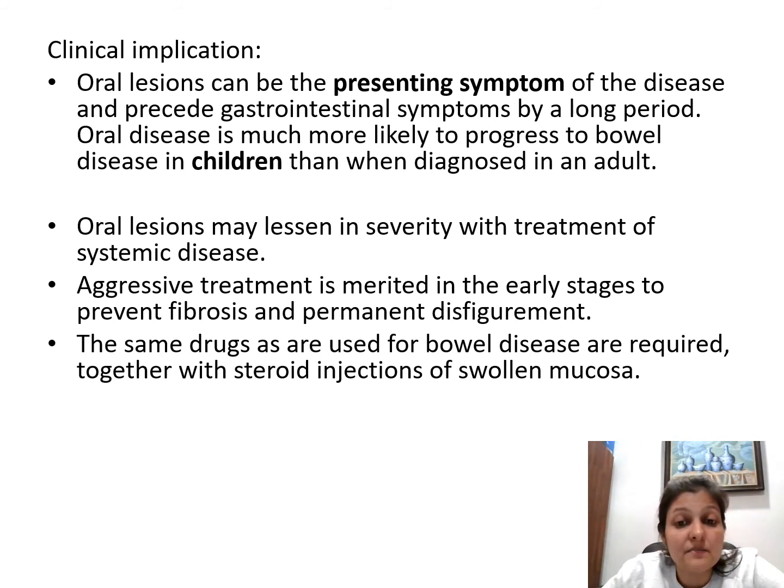Aggressive treatment is merited in the early stages to prevent fibrosis and premature disfigurement. That's something very important to take note of. Literally the same drugs are used for both the bowel disease and, of course, combined with steroid injection of a swollen mucosa to reduce the edema locally.